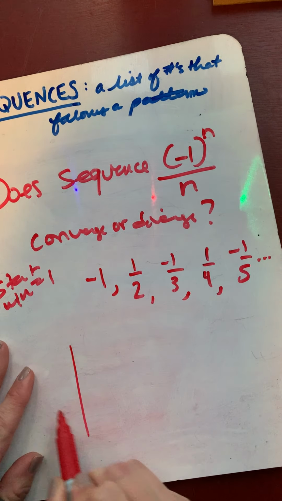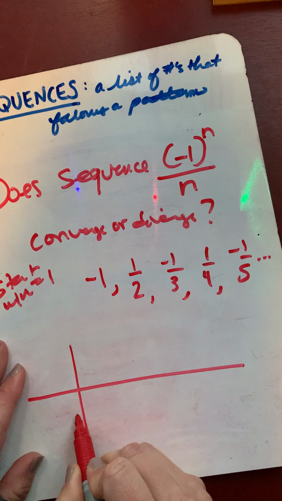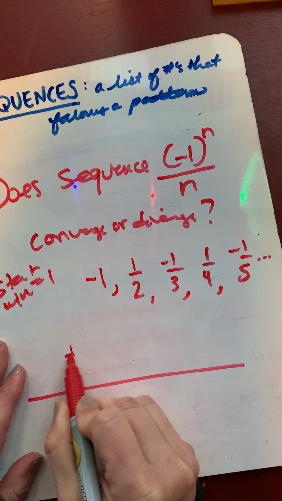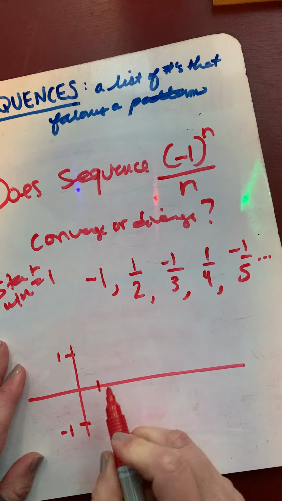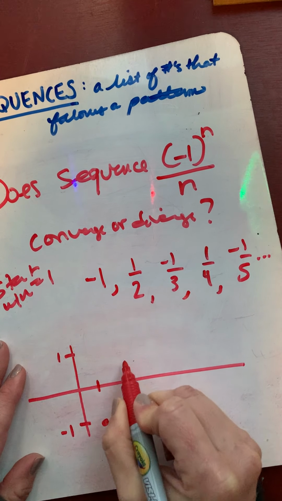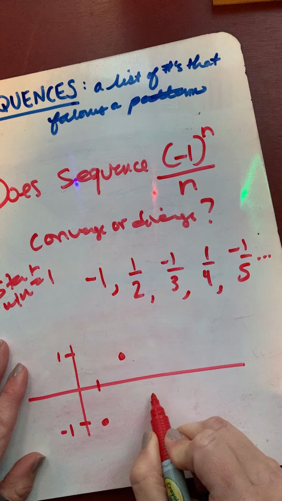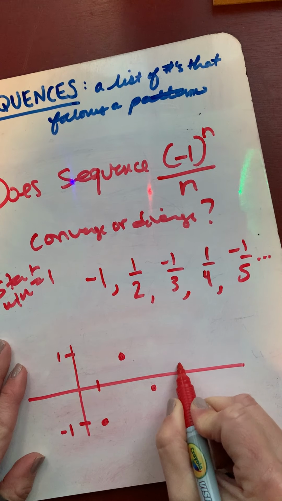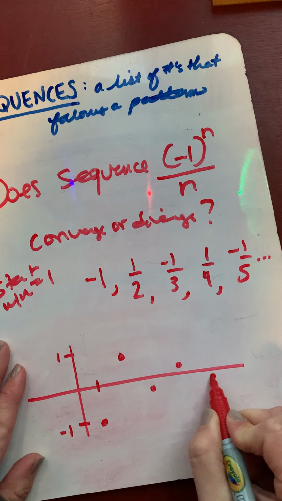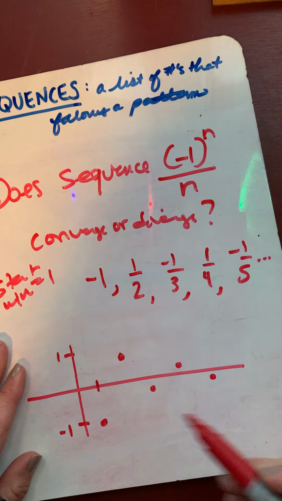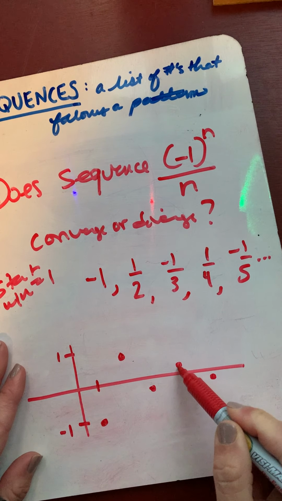Well, think about this graphically. What's happening? I have, here's -1, here's +1. When n is 1, I'm here, and then I'm at 1/2, and then I'm at -1/3, +1/4, -1/5. What am I getting closer and closer to?